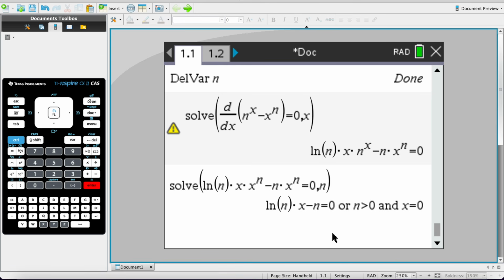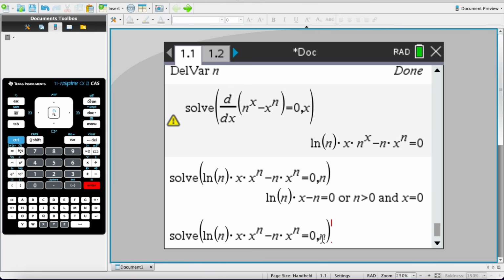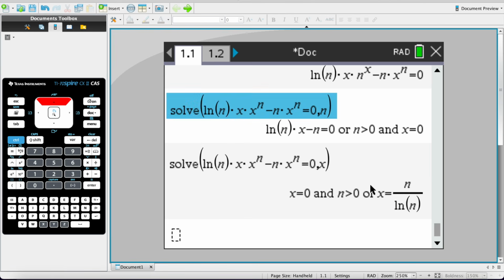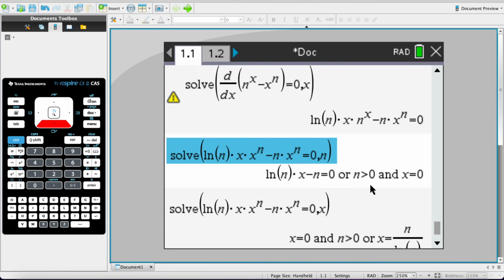And maybe we'll do x now. Okay, so you get x is equal to n over ln n, and that's when the gradient is equal to 0.